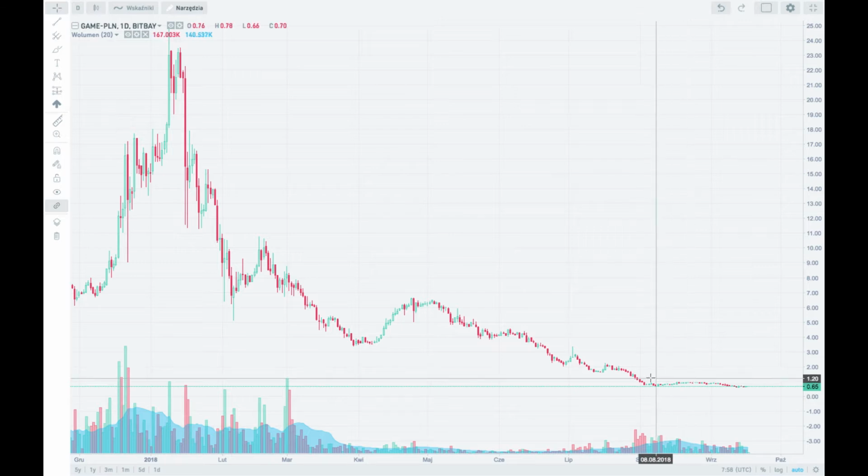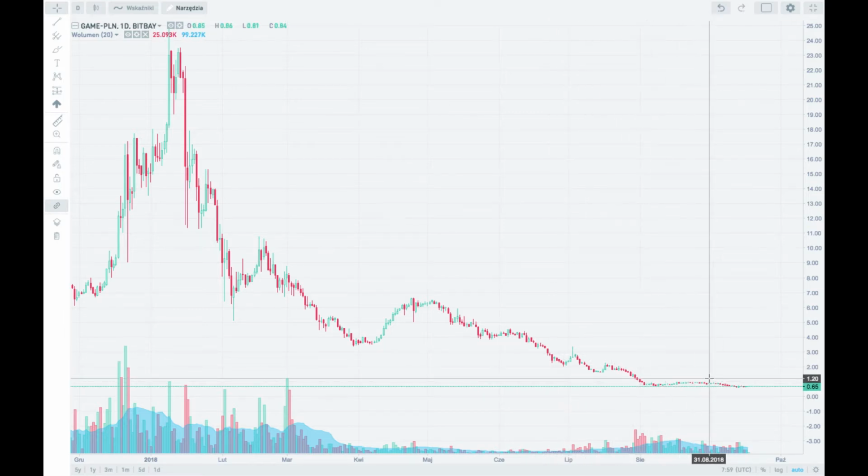Right now, if we take a look at the recent price developments from, let's say, the beginning of August 2018, we can see that the changes on the GAME are very small, which means that the general interest in the GAME cryptocurrency is very low right now, because as you can see, the candles before were much bigger.